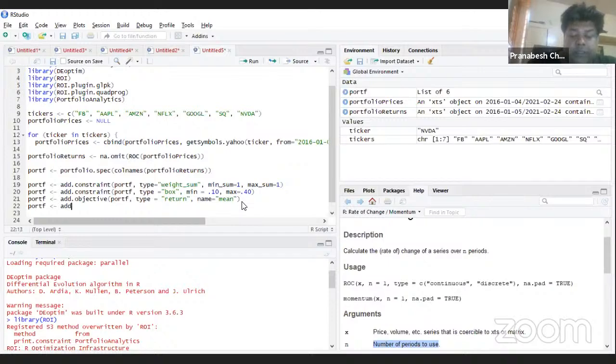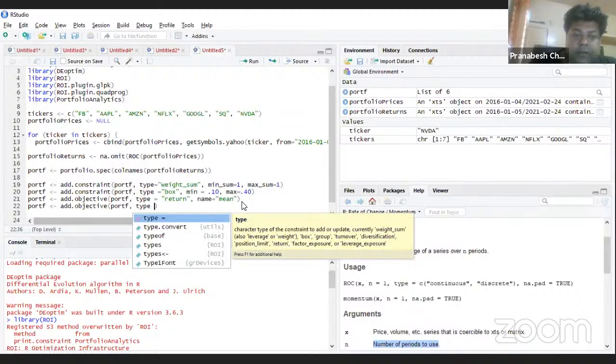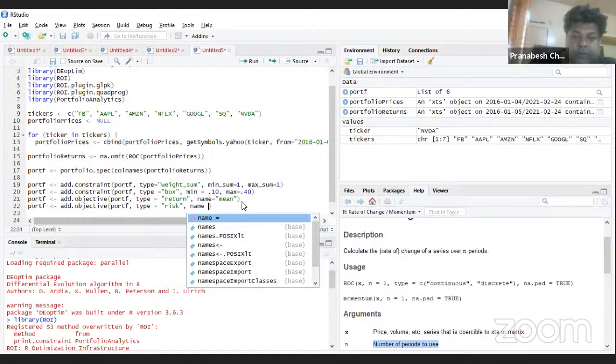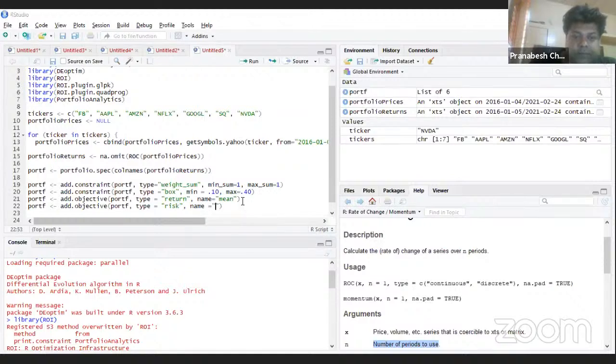And I want to add another objective function here. Let me see what objective function I want to add. The other objective function that I want to add here is based on risk, and the name will be equal to standard deviation.